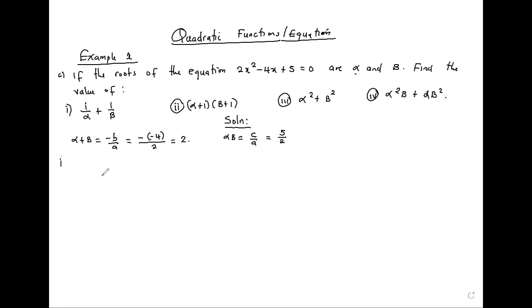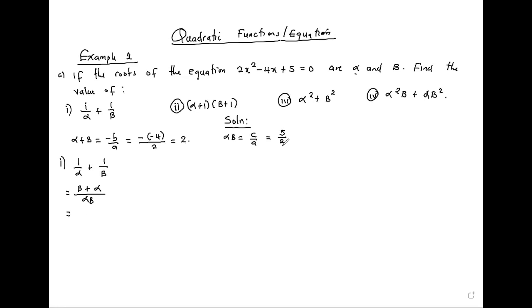Now we got 1. 1 is 1 over alpha plus 1 over beta. These are fractions, so get the common denominator, alpha beta. Alpha beta divided by alpha, we'll get beta, plus alpha beta divided by beta, we'll get alpha.